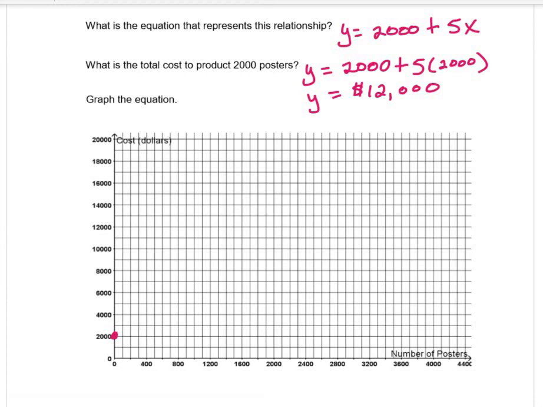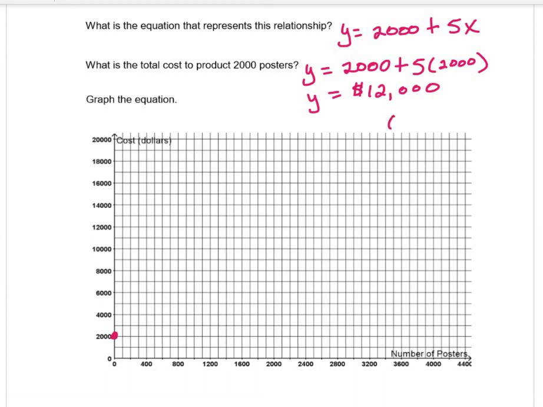So what I want to do is to get another point on here that's kind of far away. I want my x value to be 400, 800, even 1,600 or 2,000 because we just figured out what this point up here is.